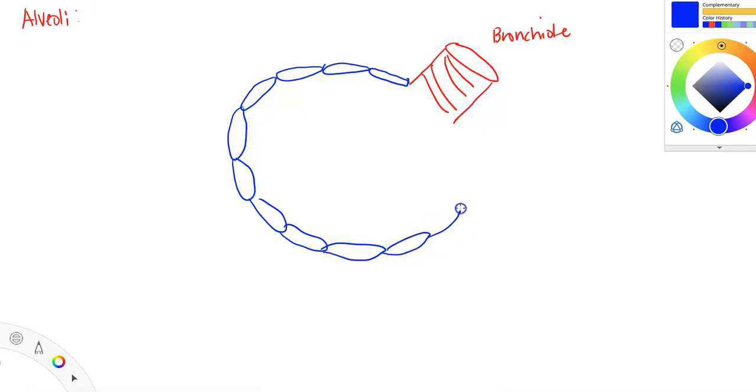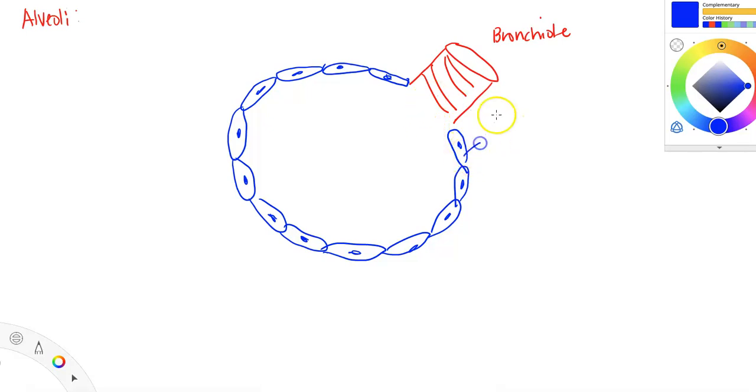So here's the alveolus, and again, this is a sphere, not a circle, okay? These are squamous cells, so little nuclei in there. There are two types of cells that make up the wall of the alveolus.